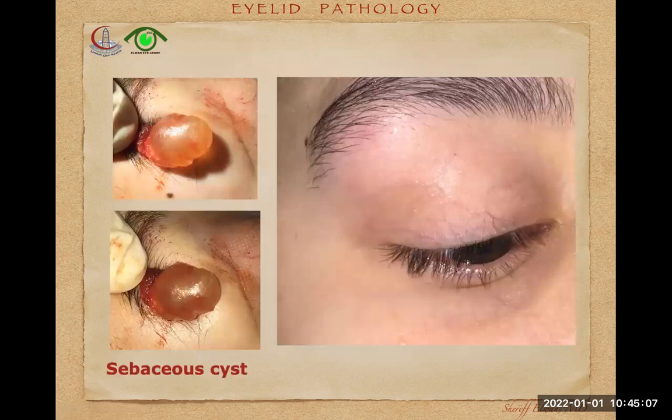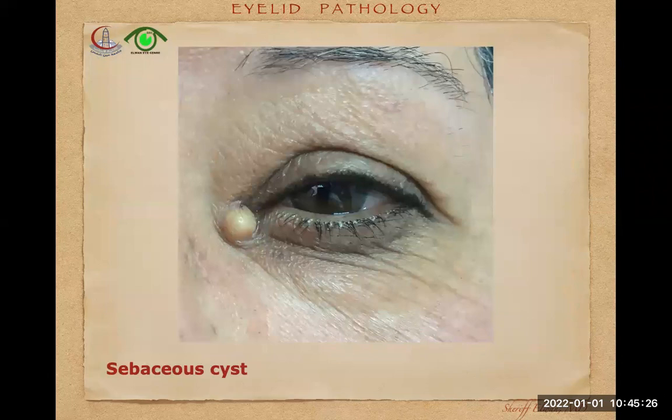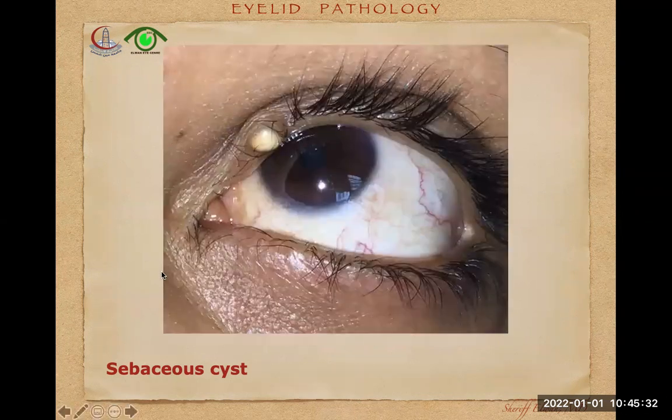Now, a sebaceous cyst may occur in one of the sebaceous glands associated with the hair follicle, and they look more opaque. On the contrary to hydrocystoma, these are filled with oil. They look opaque, not translucent like a pseudoreferous cyst or a hydrocystoma.